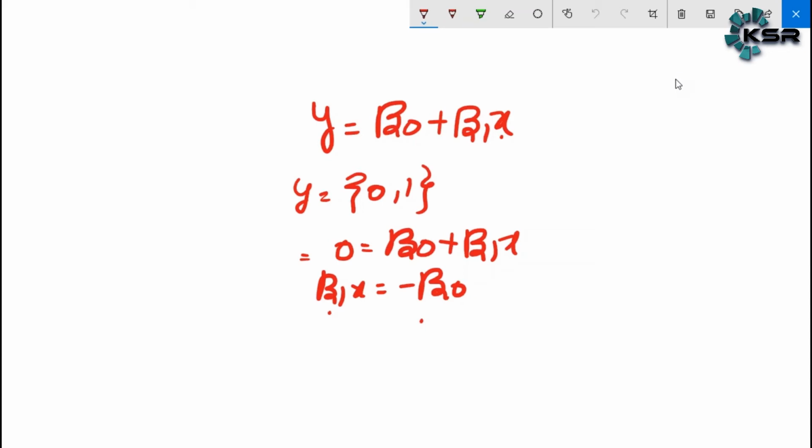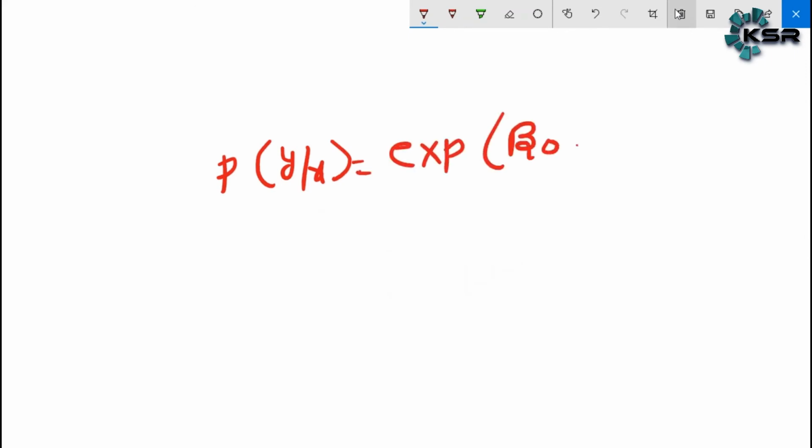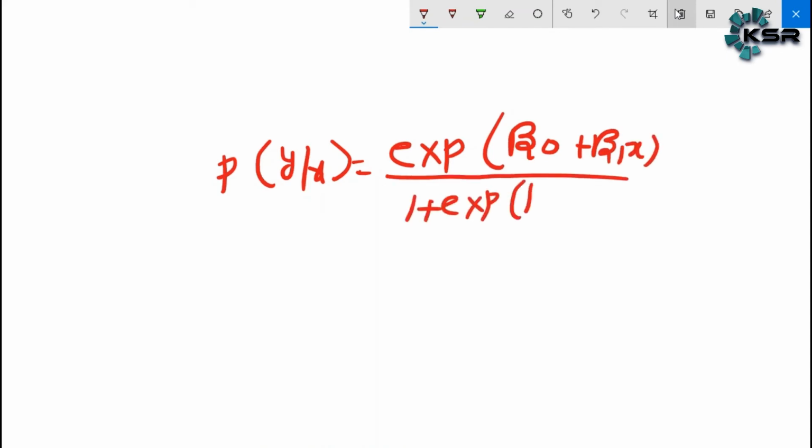The mathematical equation for the logistic is P of y given x is equal to exponential of beta naught plus beta 1x, divided by 1 plus exponential of beta naught plus beta 1x.